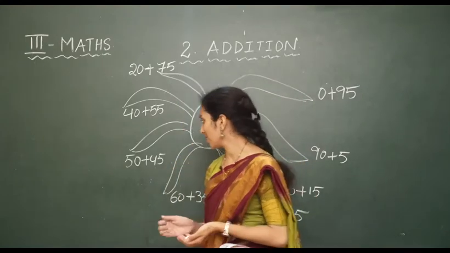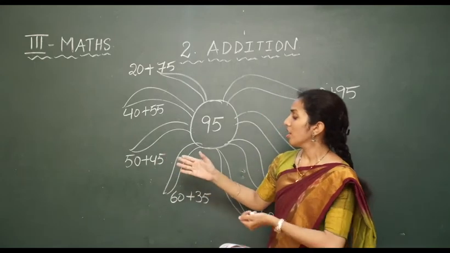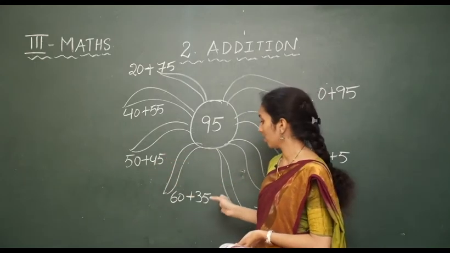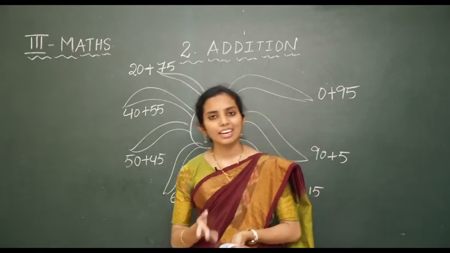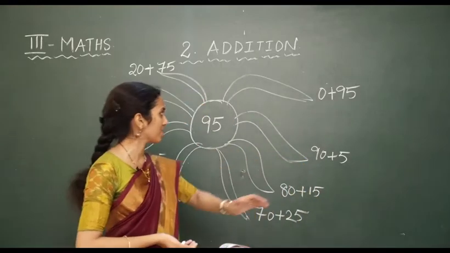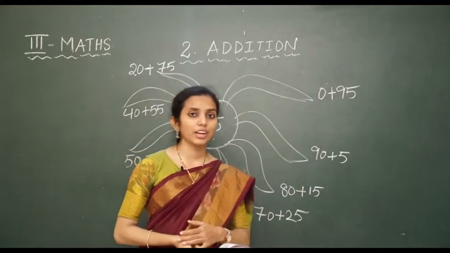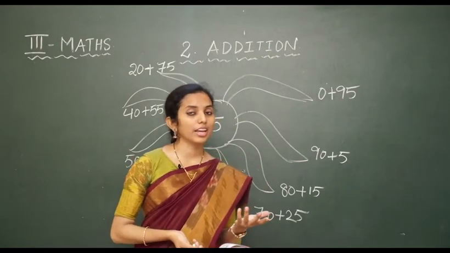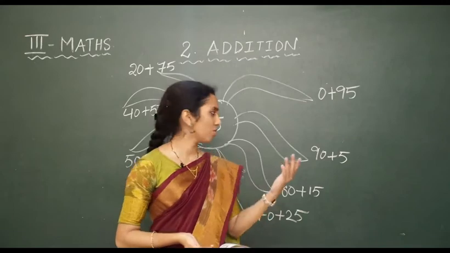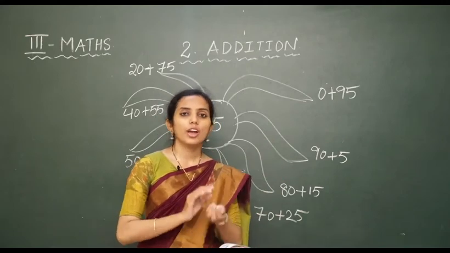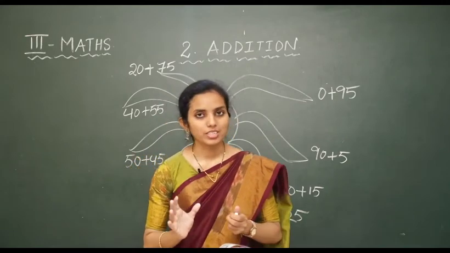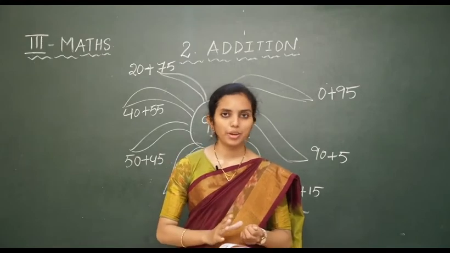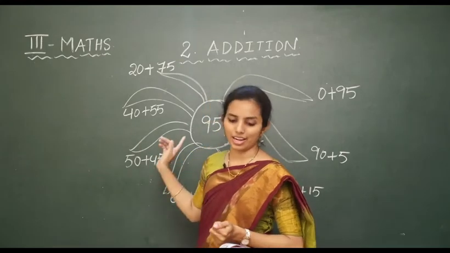It is not necessary that this should be only 50, 40 or 30, 60, not like this. In any way you can split the number. For example, 95. You can also take 92 plus 3, that is also a correct answer, and you can also take 89 plus 6, that is also representing 95. So any of the 8 ways represent the given number as spider legs.